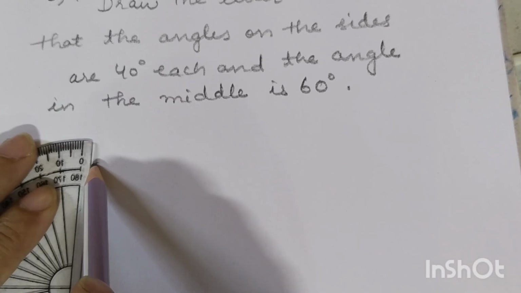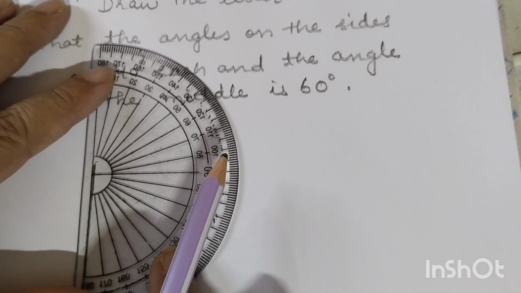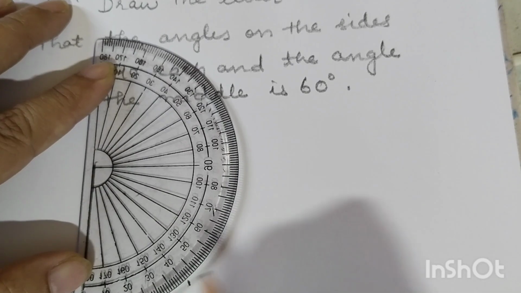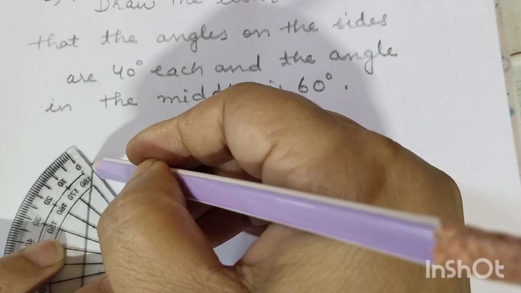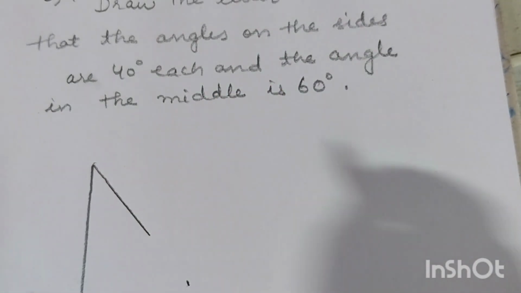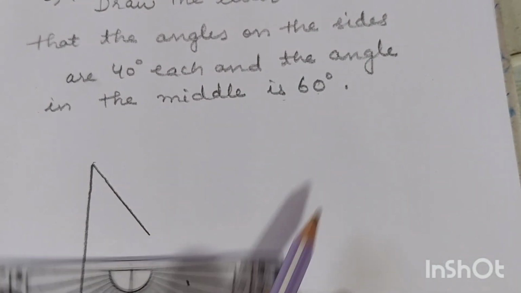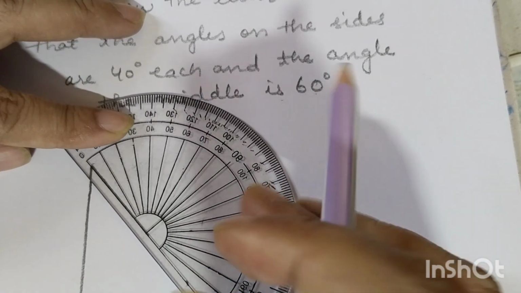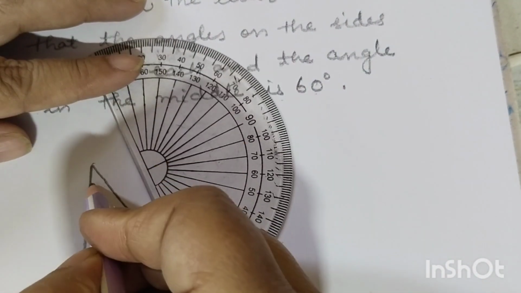draw one line, make an angle of 40 degree, starting from here, mark at 40 degree. This is a 40 degree angle. From here, mark a 60 degree angle. This is 40 degree.